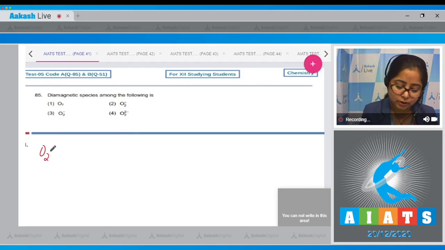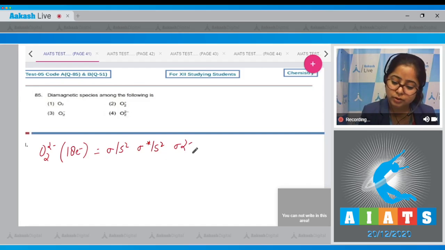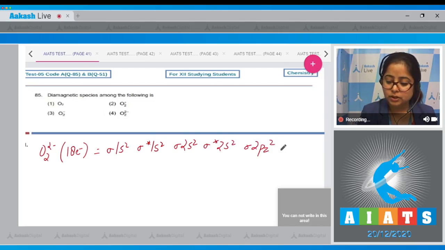I'm writing the electronic configuration of O2 2 minus. The electrons are 18. So sigma 1s2, sigma star 1s2, sigma 2s2, sigma star 2s2. Then we have sigma 2pz2.